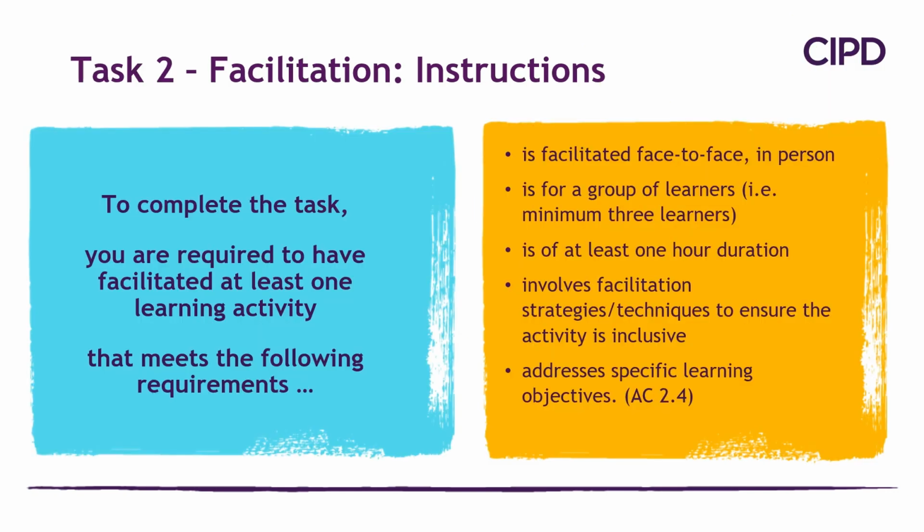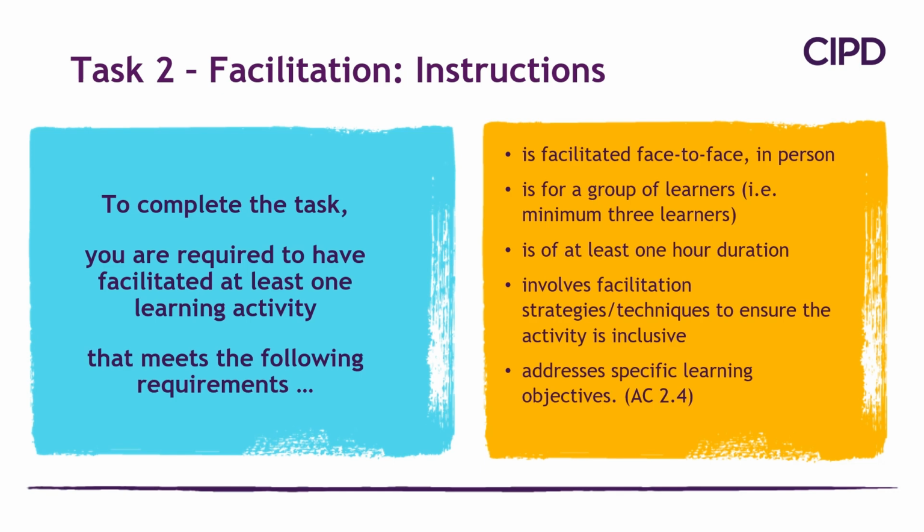The instructions for task 2 are that in order to complete this task, you are required to have facilitated at least one learning activity, and that learning activity must meet the following requirements. So you're required to facilitate at least one learning activity, and that activity must be face-to-face, in person.